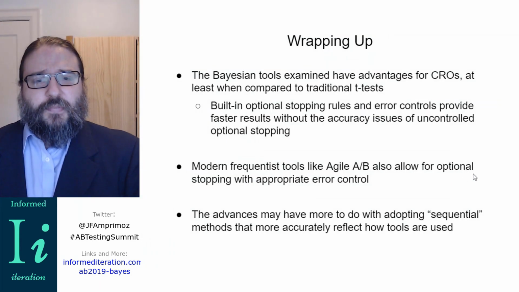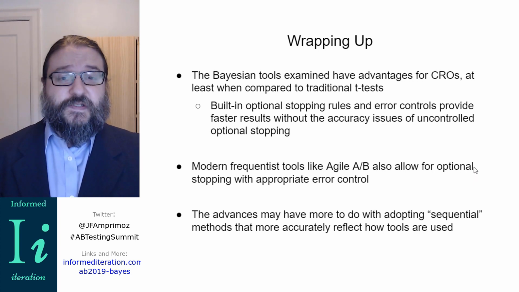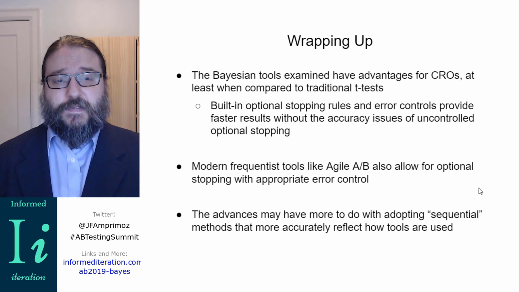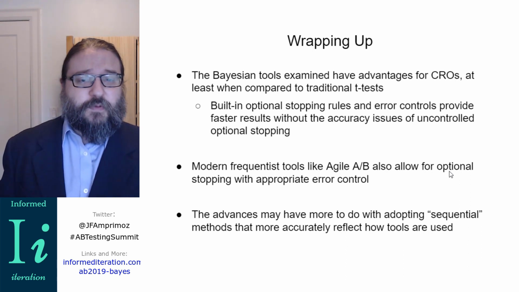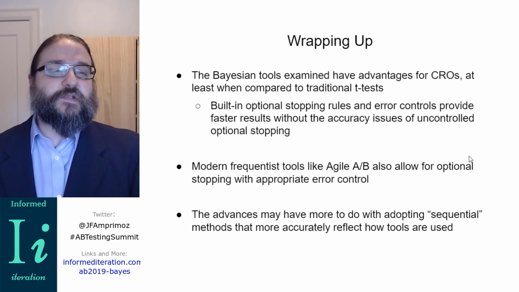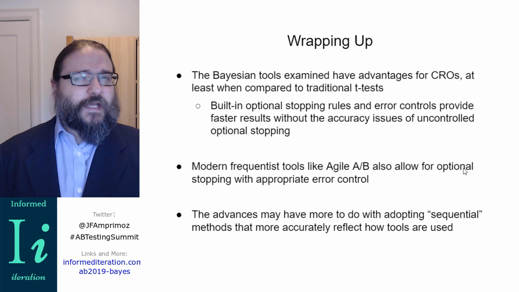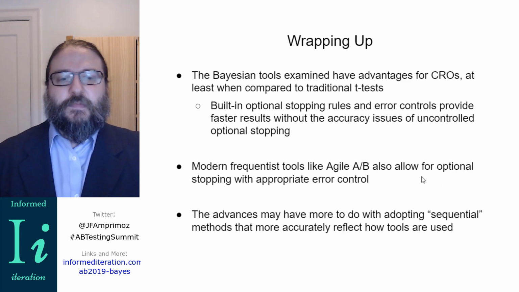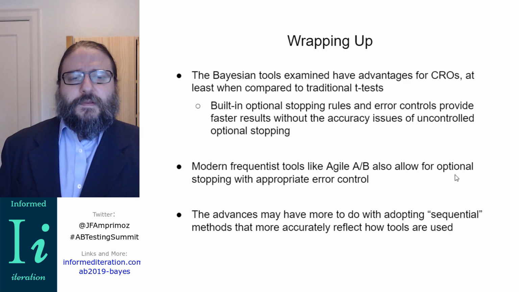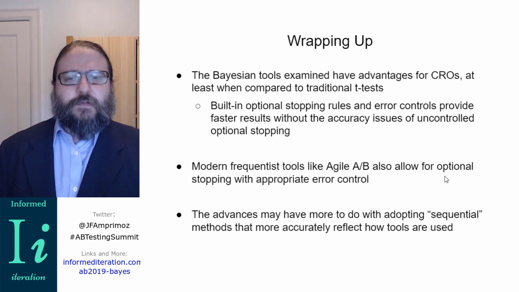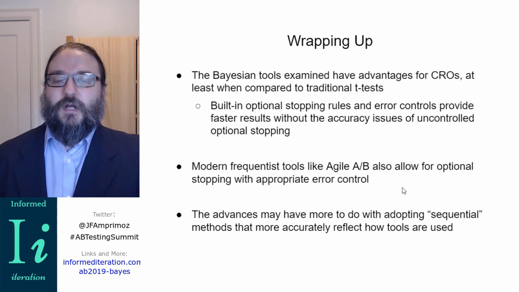So to wrap up, the Bayesian tools that we examined have advantages for CROs, at least when compared to traditional t-tests. The issue is that built-in optional stopping rules and controls provide faster results without the accuracy issues of guesstimate optional stopping. The thing is, there are frequentist tools like Agile AB that also have error control for optional stopping.